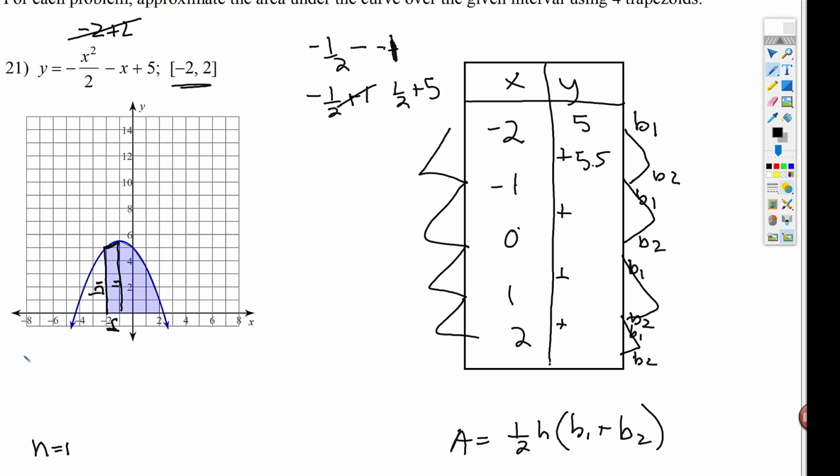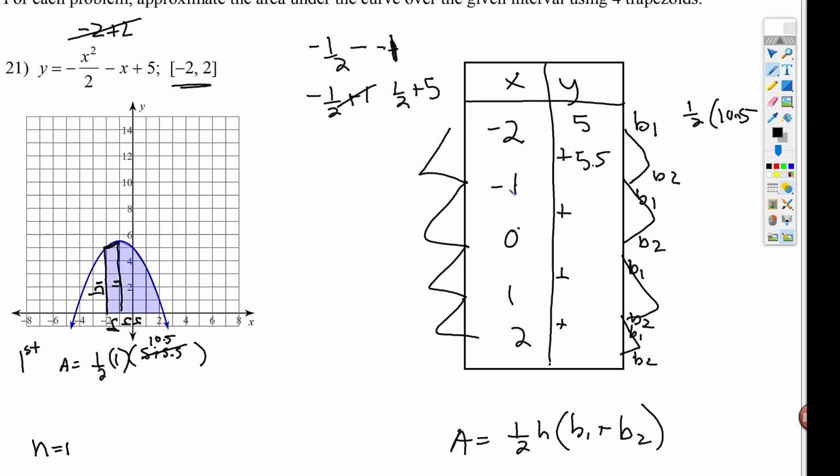So for the first trapezoid, the area is 1/2 the height. Remember, all of the heights are 1, and then base 1 plus base 2 is 10.5. So 1/2 of 10.5 is the first area. All right.